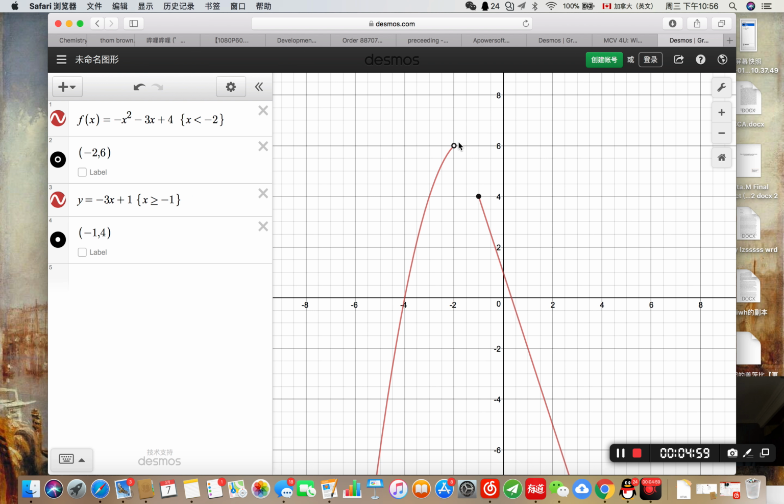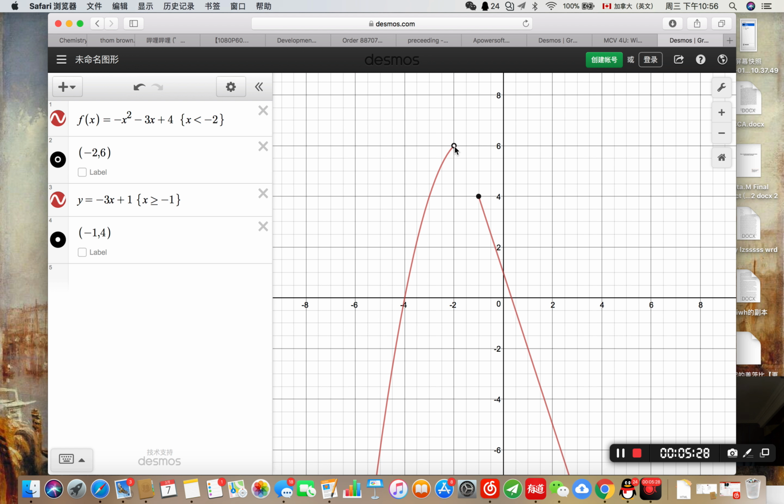The red line, the function on the left, its domain is x less than -2, and it has a hole at (-2, 6). And here is a linear function, another function. Its domain is x greater than or equal to -1.